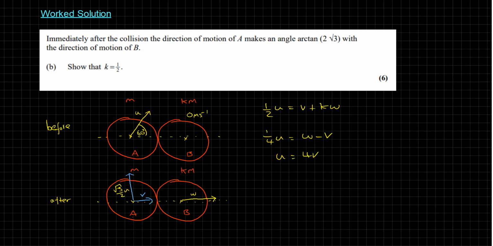Okay, so now let's make use of the equations we've got here. We're eventually trying to find out what K is, so we're certainly going to need to use this first equation with the K in it. If U is 4V, let's substitute that straight into there.